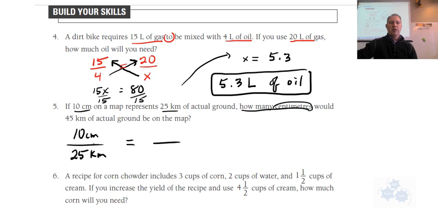Where are the centimeters on the other side here? On the top. So over here we're going to put x centimeters on the top. Okay? So you got to keep your ratios consistent like that. And then 45 is the number now that goes here.